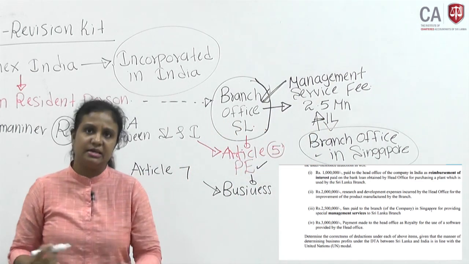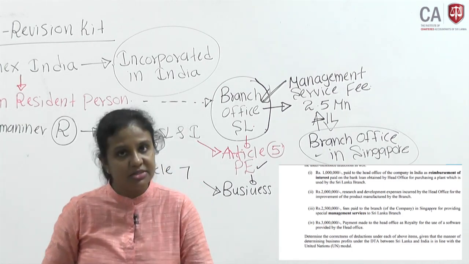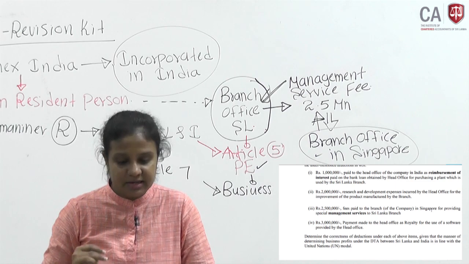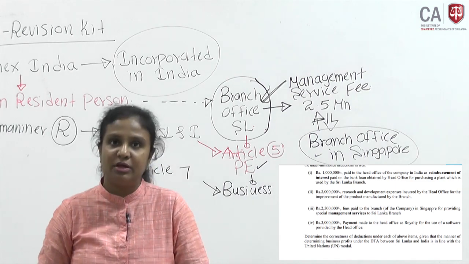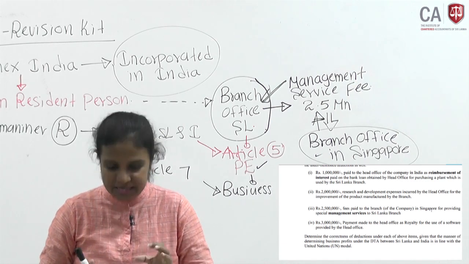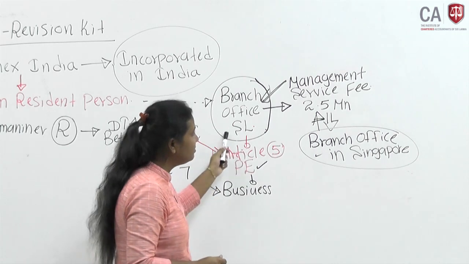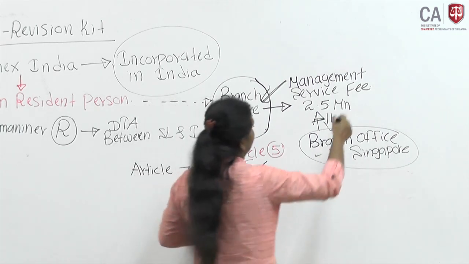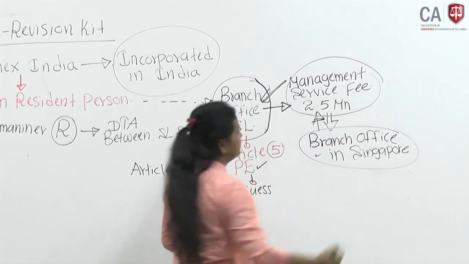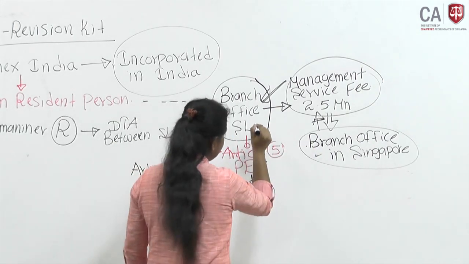Then, Lamai, is it incurred for the production of income of this branch? Is it incurred for the production of income in our normal testing way? Yes, it has been incurred for the production of income, but what is this? It is a management service fee from one branch to another branch.